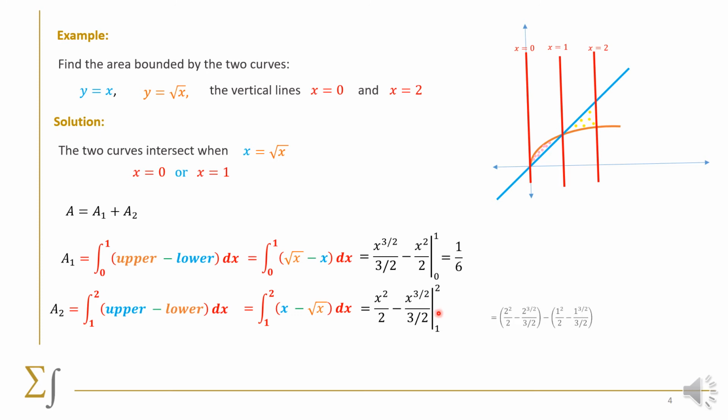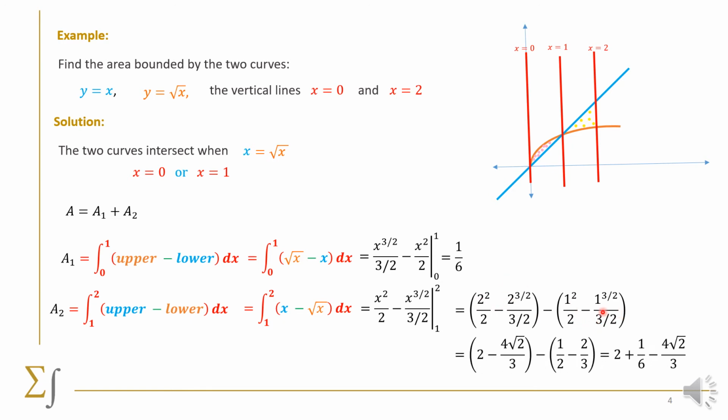We substitute for these two limits. We get the first when we substitute for every x by 2, and then we substitute for every x by 1. We continue simplification, and we then add the 1 over 6 to this amount, area 1 plus area 2, to get the total area we are looking for.